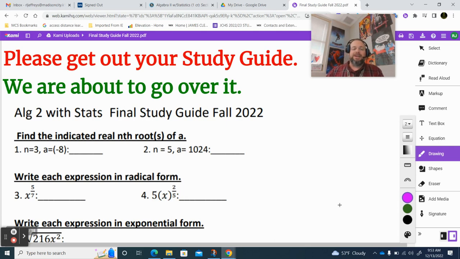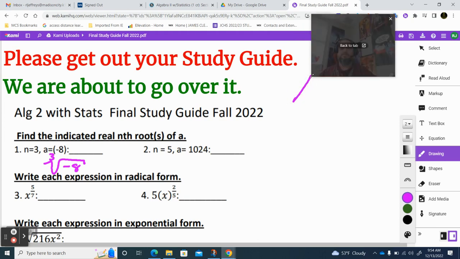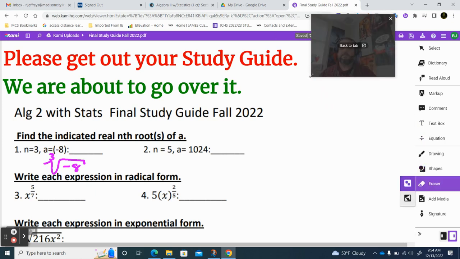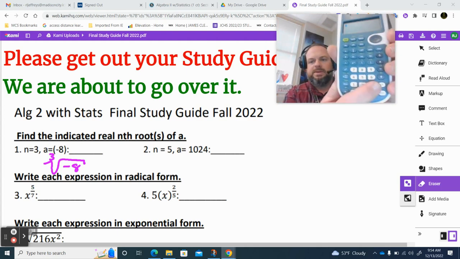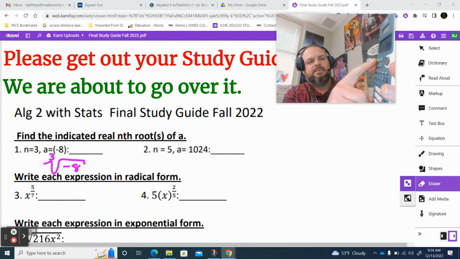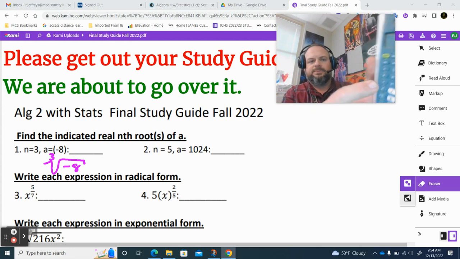Basically, these problems right here, you have to take the cube root of -8. In the calculator, that would be 3, second, raise the roof, and then -8.